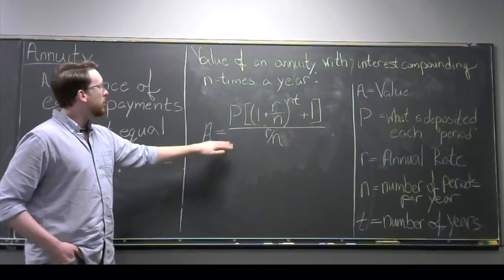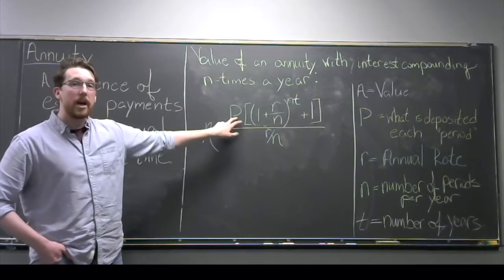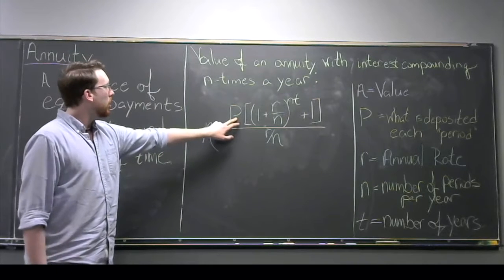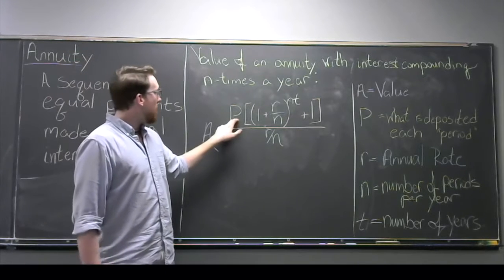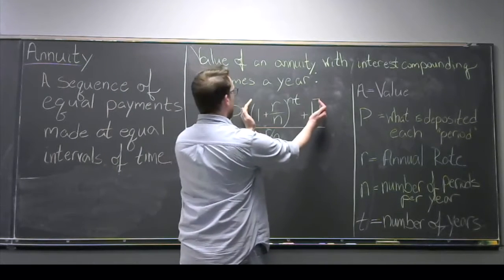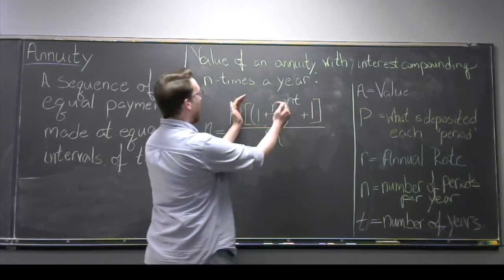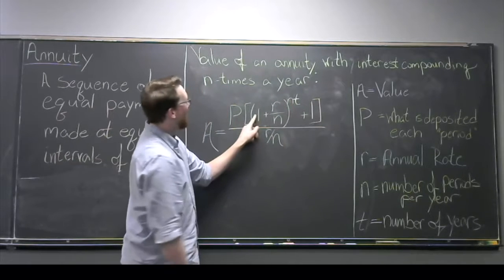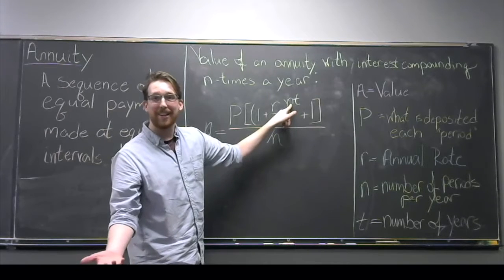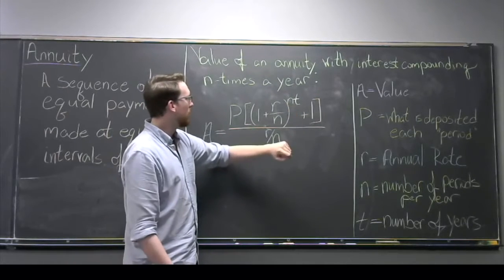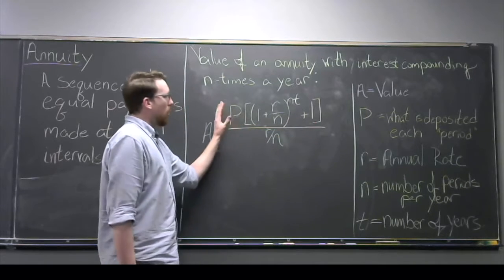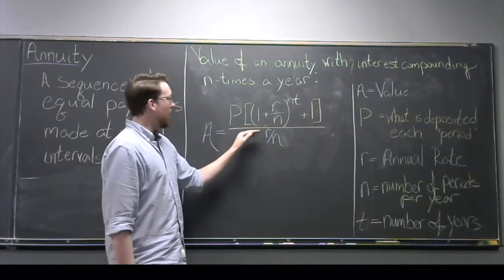The amount is equal to the payment P for each period, times the quantity 1 plus r over n, all raised to the n times t power, minus 1, all of that divided by r over n.